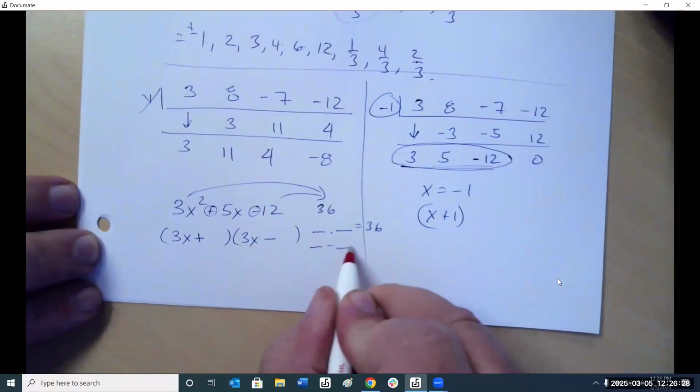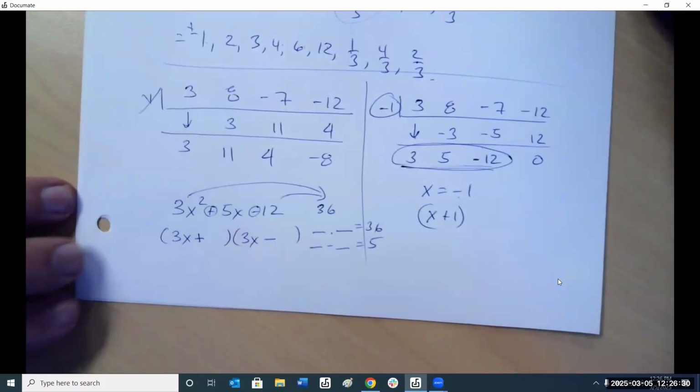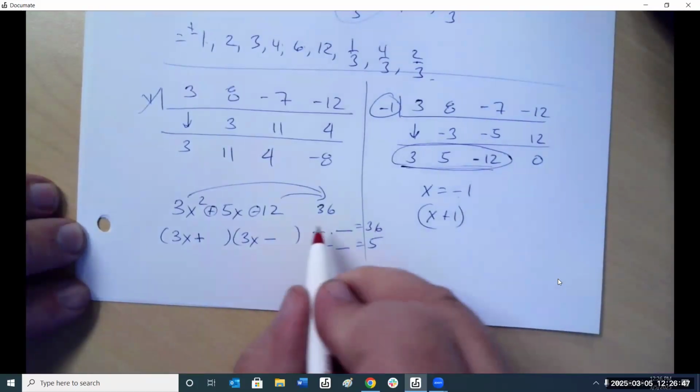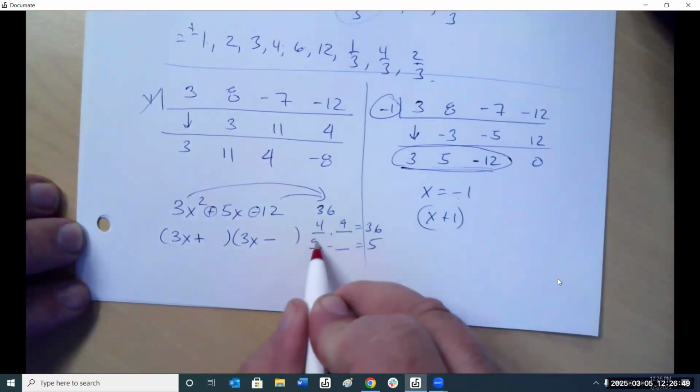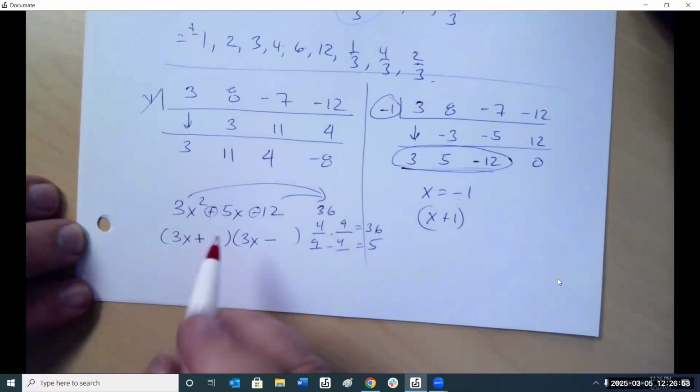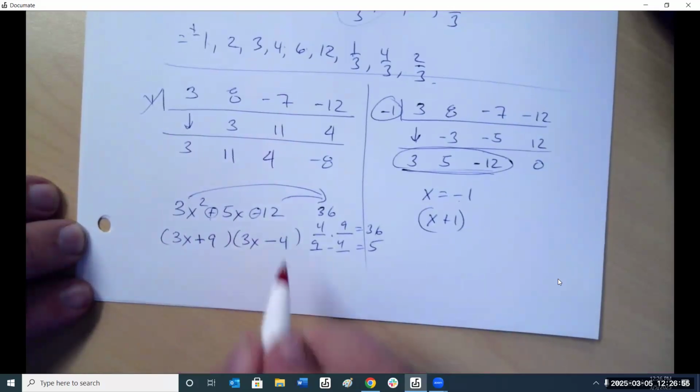When you subtract them, you get 5. Six, no. 4 and 9. 4 times 9, 9 minus 4. So the bigger number gets the positive, so that's 9, and this is 4.